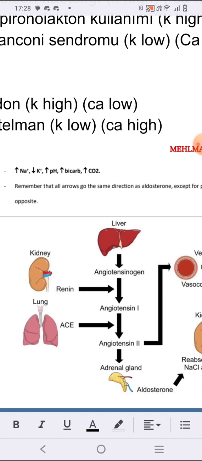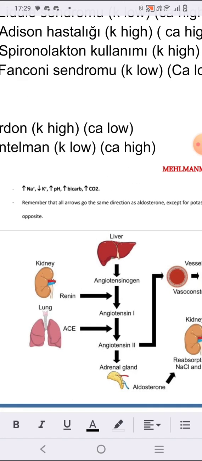What about calcium? It actually has a mineralocorticoid receptor on parathormone. So if it's activated, it increases parathormone secretion, and by doing that increases calcium. So if there's increased aldosterone, there's increased calcium as well.